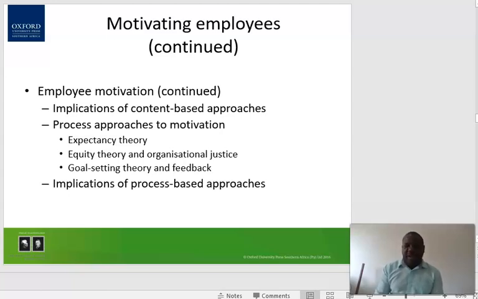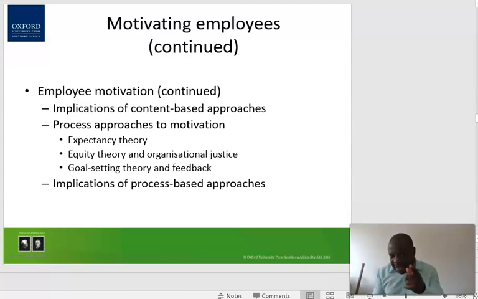Then there is also what is known as the goal setting theory and feedback, where you can actually allow people or employees to set their own goals and create an opportunity for them to receive feedback. So that alone can also help to motivate people. There is a concept, I think we covered it in chapter 6, which is known as management by objectives.